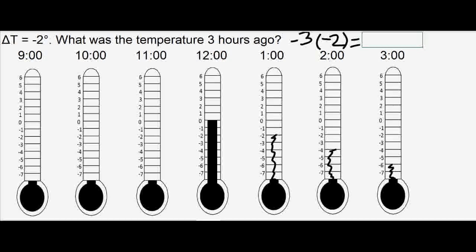If we're going down, then we had to come down to get to 0. If the temperature's going down, an hour ago it had to be 2 degrees more. Before that it had to be 2 degrees more. So if I do -3 times -2, I'm going to end up with a +6.